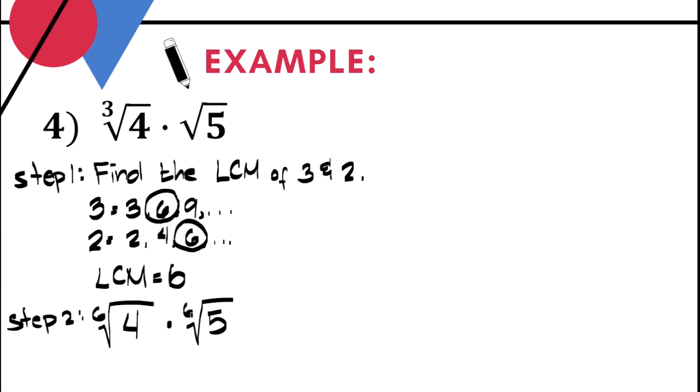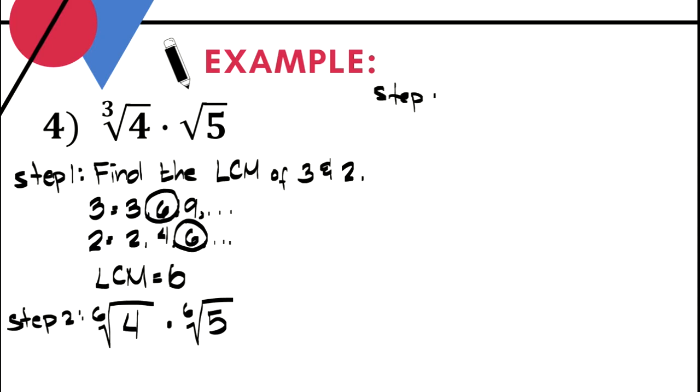Again, what we did in step number 2 is we rewrite the given expressions with the LCM as the new index. So from cube root of 4 it became 6th root of 4, and square root of 5 became 6th root of 5.